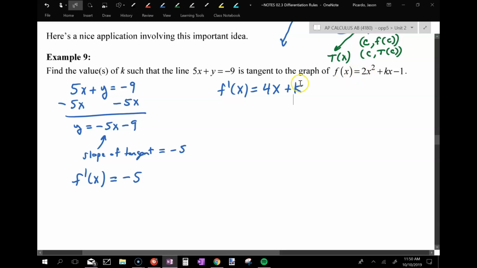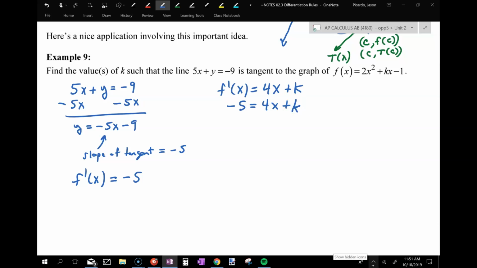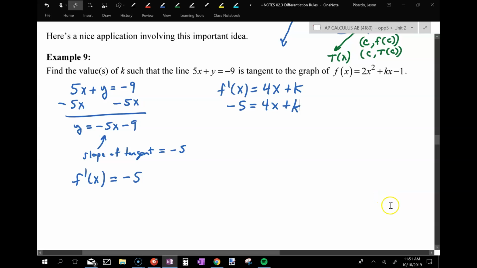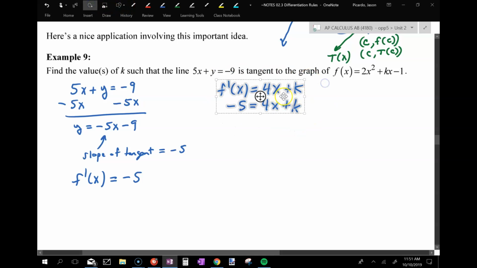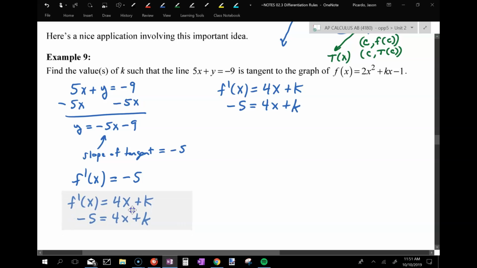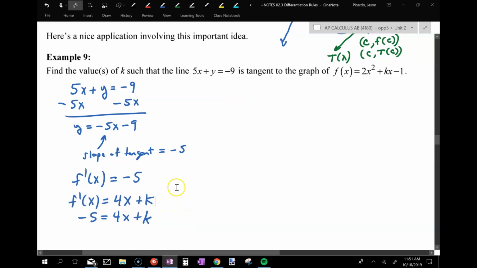So I want this to equal -5, right? All the work that we just did pertains to the slope of the curve, doesn't it? Okay? Let me move this down here. So this was all work involving the slope.